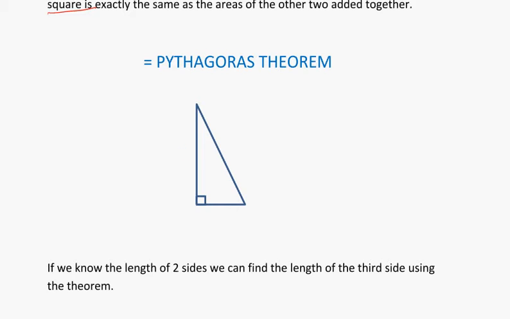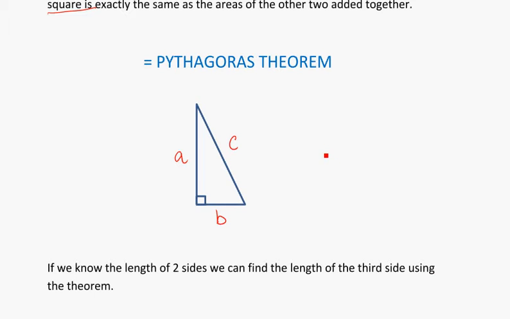Okay, so once again, if this is side A, side B, and the longest side is side C, if we know the lengths of two sides, we can find the length of the third side using the theorem.